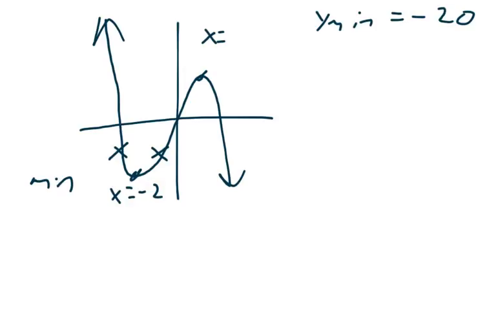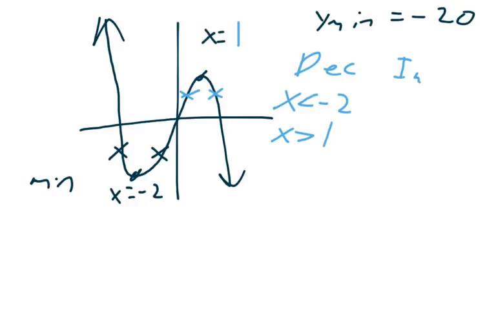When I get the max, I'm once again going to do first here, second here, and then guess. And it tells me that the answer is at x equals 1. So it is decreasing when x is less than negative 2, when x is greater than 1, and it's increasing between the two numbers like that.